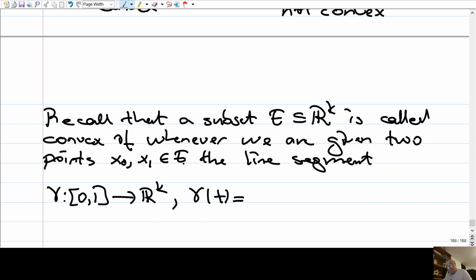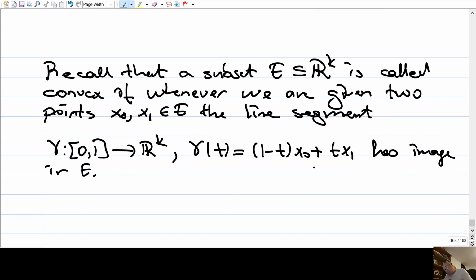So these points are in Rk, therefore I may regard them as vectors, so I can write the following: gamma(t) = (1 minus t) times x0 plus t times x1, which has image in E. Note that this is just a line segment, and when you plug in 0 you get x0, and when you plug in 1 you get x1.